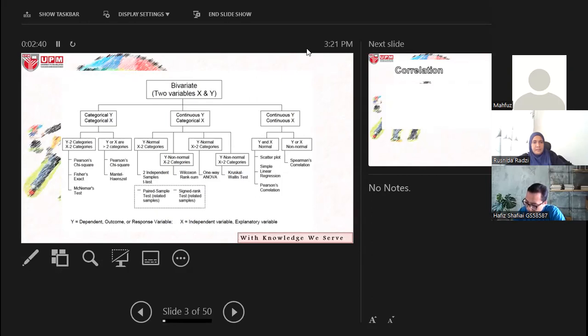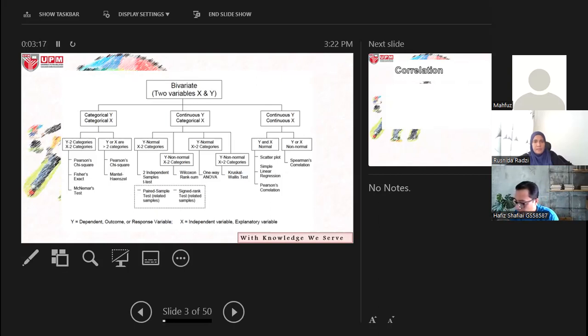And then if your IV or your DV has more than two categories, then you can use chi-square or Mantel-Haenszel analysis. Next, if you have a continuous DV, dependent variable, but your IV is categorical, then we divide it by the data distribution, either normal or non-normal.